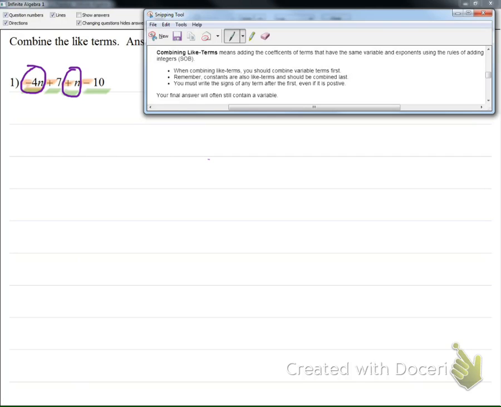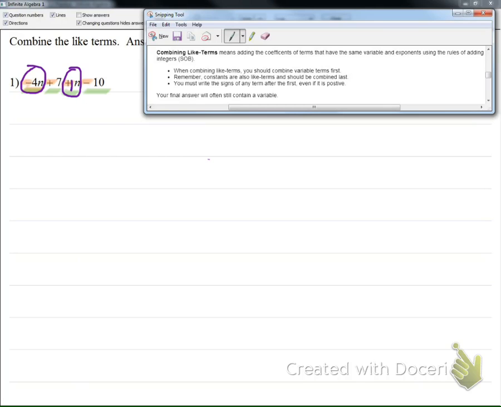Those two terms are alike because they have the same variable, not necessarily the same coefficient, that number in front of it. The coefficient of that first term is negative 4. The coefficient of the third term that we circled is positive. I don't see a number in front of that n. What is it? It's that invisible 1.